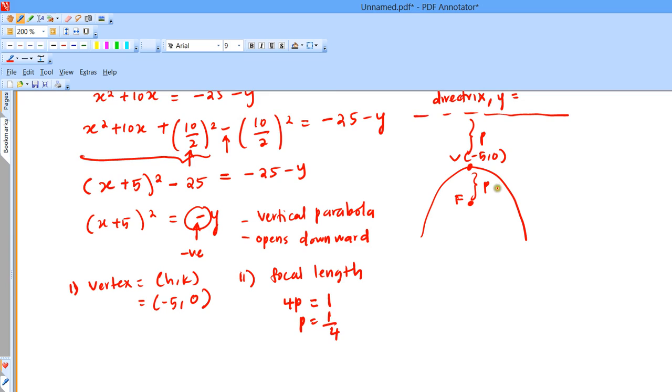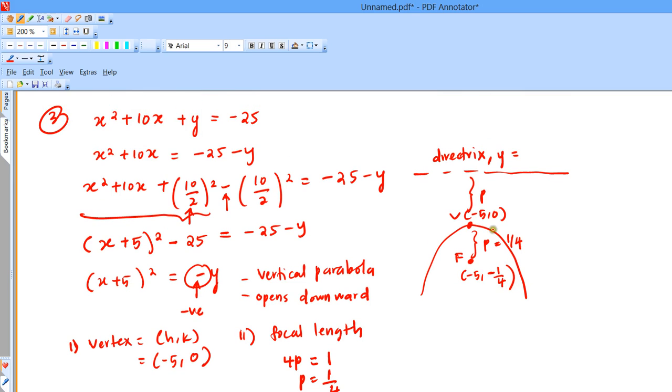Since p here is equal to 1/4, the focus is at -5, and then you move down the value of y by 1/4 units, so equal to -1/4. And then for the directrix, you move upwards 1/4 units, so from 0, y equals 1/4.